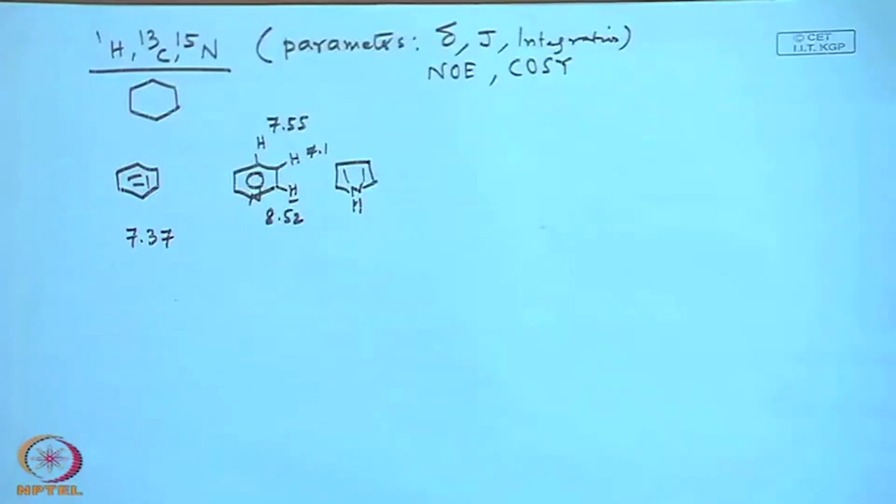Okay. Similarly, if you are suspecting, let us say, pyrrole, what should be the value? Just a guess. Again you have put in an electronegative atom, so you can always expect a little higher delta value, but at the same time we are now heterocyclic chemists.